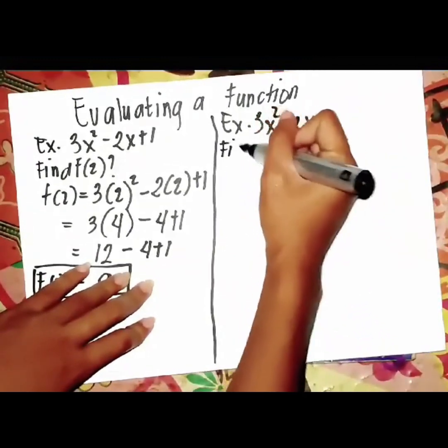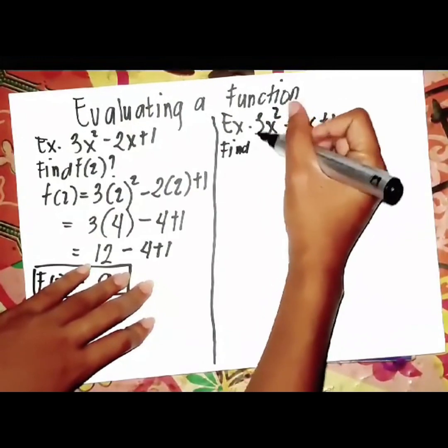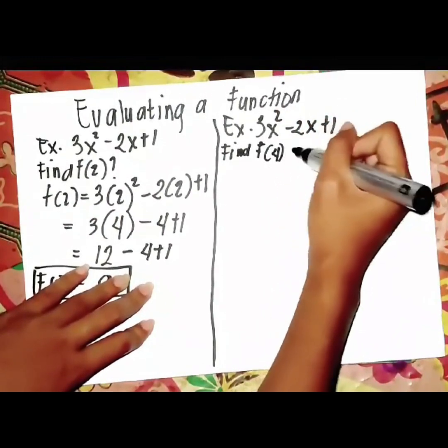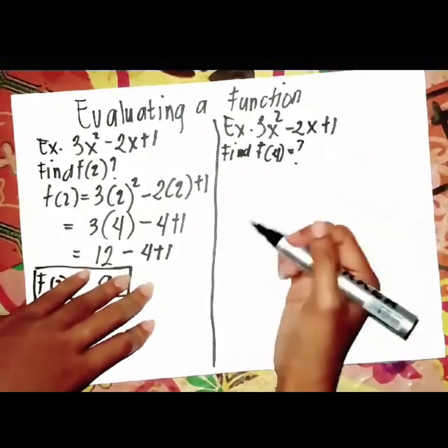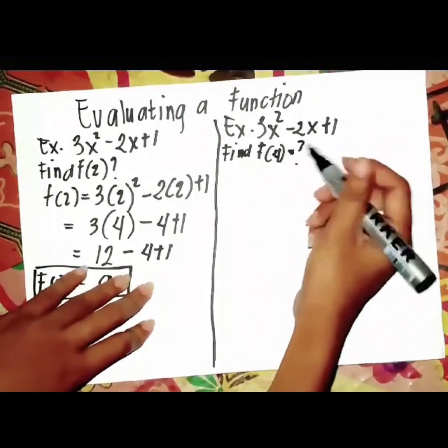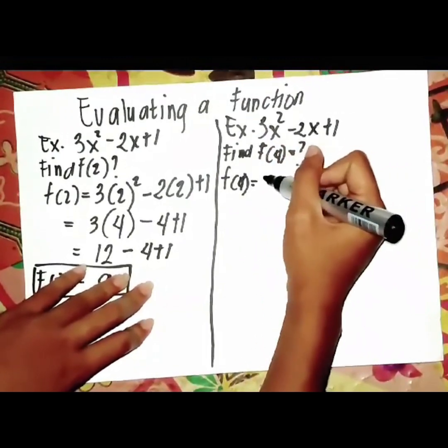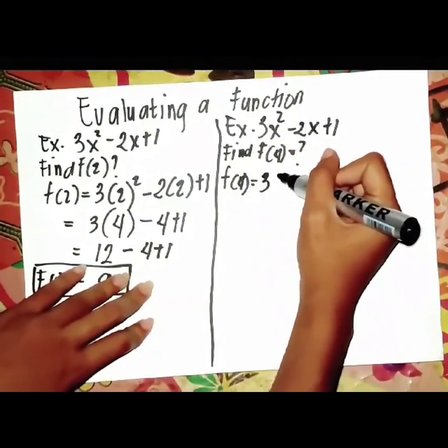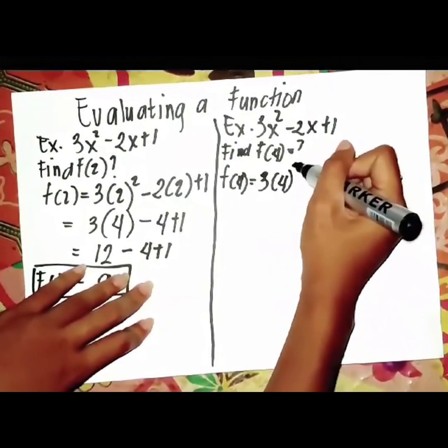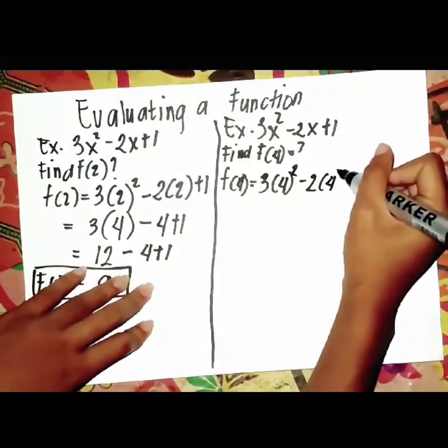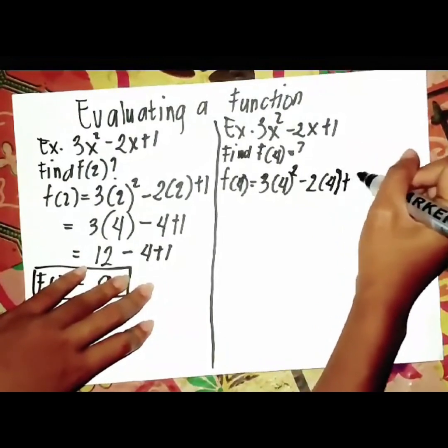Find the value of f of 4. So write the given first. f of 4 equals 3 times 4 squared minus 2 times 4 plus 1.